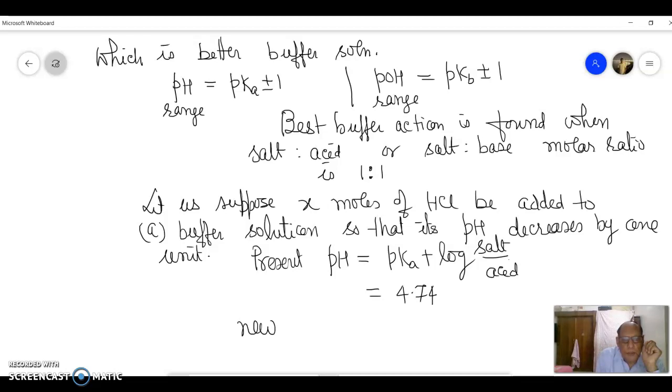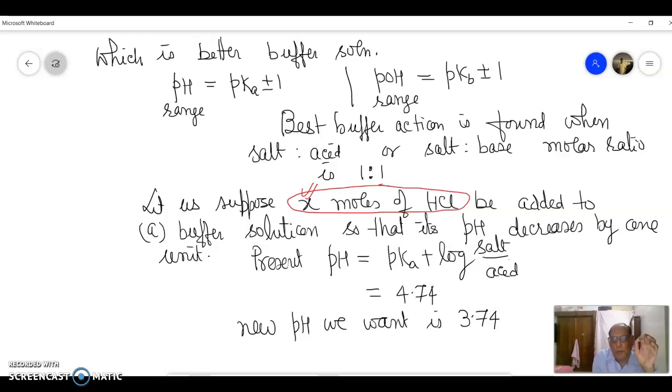So the new pH we want is 3.7, and we have to find out how many moles, X moles of HCl. We want to know the value of X. By adding how many moles of HCl, pH of solution A will be decreased from 4.74 to 3.7.